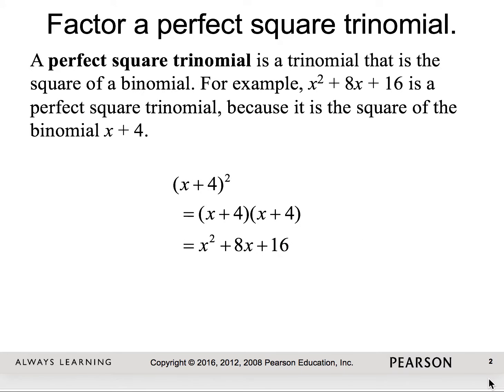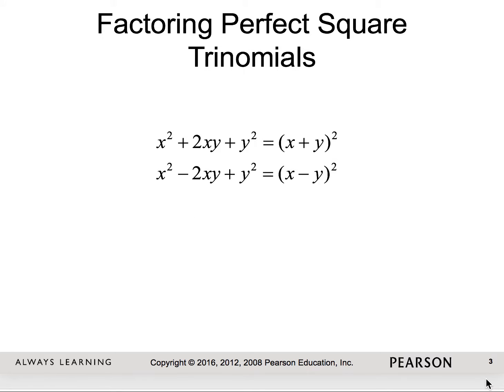Okay, so here's an example of that one we were just looking at. And you can kind of check it, because if you multiply it out, here's your x squared, and then you get 4 times x plus 4 times x. Remember, we had that double thing when we were multiplying them out. So there's the formula.